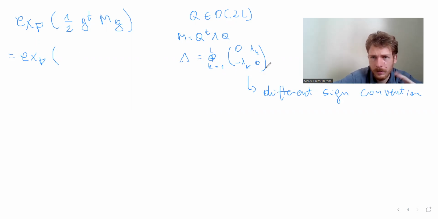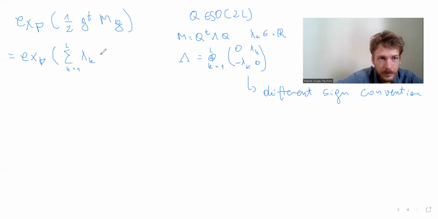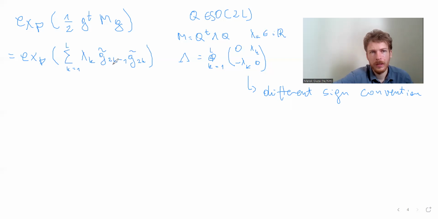So if you want lambda k to be positive, you need an O matrix. If you don't care lambda k is purely imaginary, then you can put an SO matrix. You don't care, but it's just defining what lambda k is with a plus minus. So here we have those symbols with a plus, which means the 2 will cancel, the minus will not be there, and I will have only the sum of k from 1 until L, lambda k with a plus, g tilde 2k minus 1, which is the point of this video, and g2k. Yeah? So k, 2k minus 1, 2k.